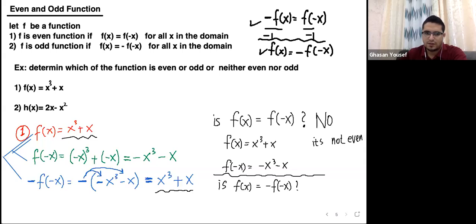Is this one equal to this one? Is x cubed plus x equal to x cubed plus x? Yes. So the function is odd. Is it clear?